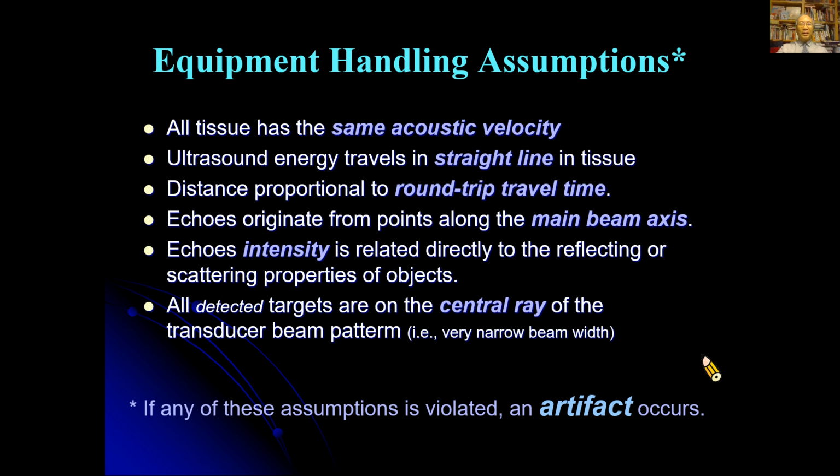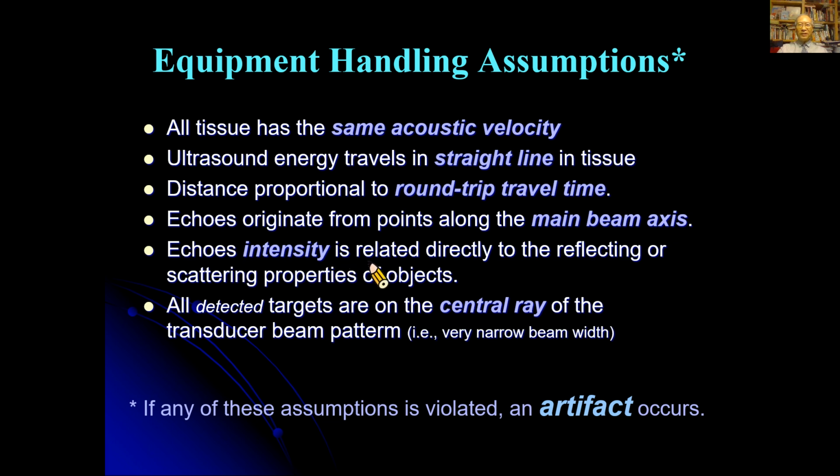Almost all ultrasound equipment has certain handling assumptions. For example, all tissue has the same acoustic velocity. Ultrasound energy travels in a straight line in tissue. Distance is proportional to round-trip travel time. Echoes originate from points along the main beam axis.